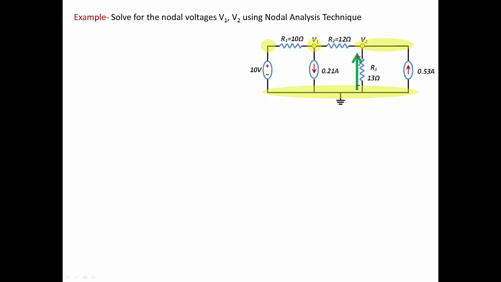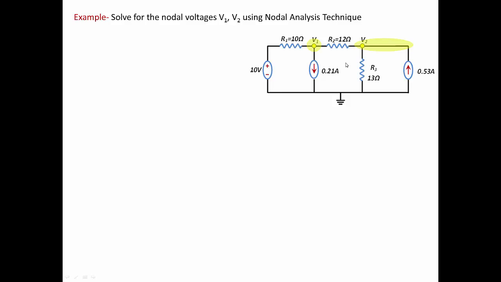Clearly this nodal voltage is unknown because we don't have a voltage source connected from this node to ground. So if you look into the circuit, you're going to say that we have two unknown nodal voltages, and we need to solve for those nodal voltages.